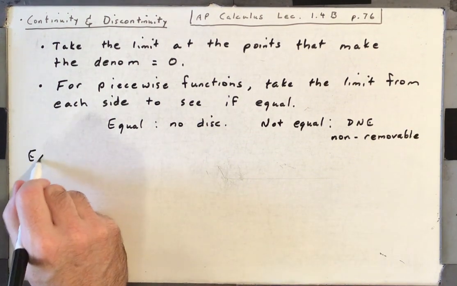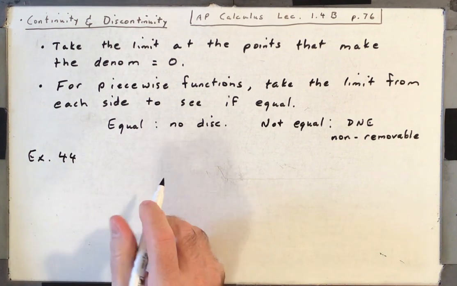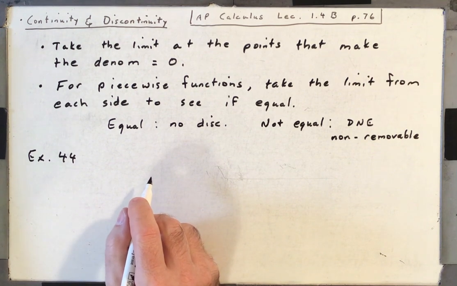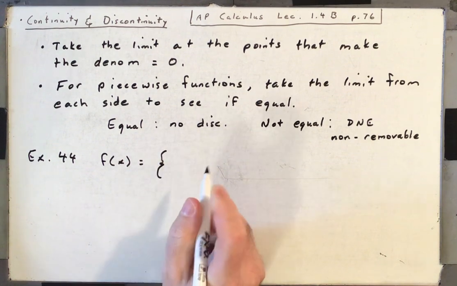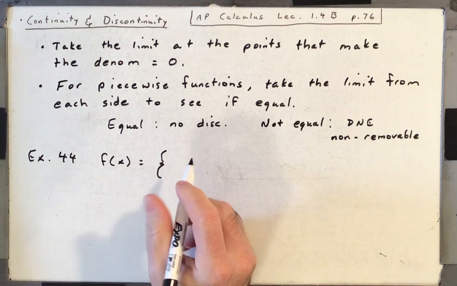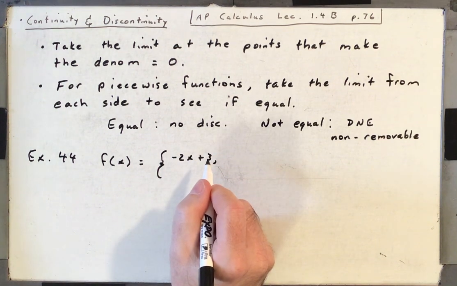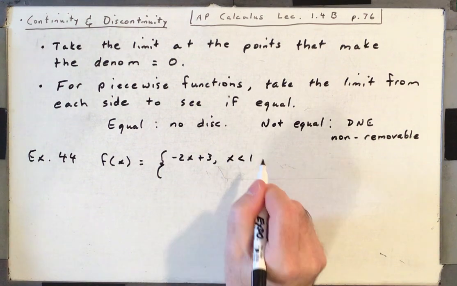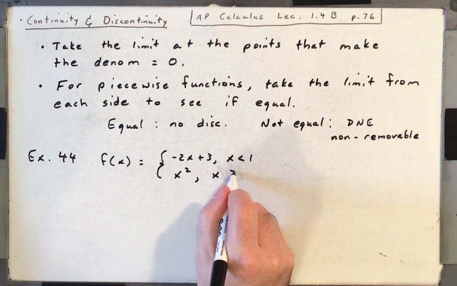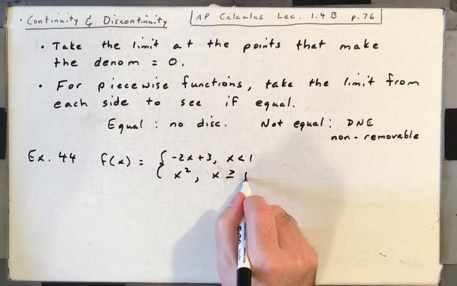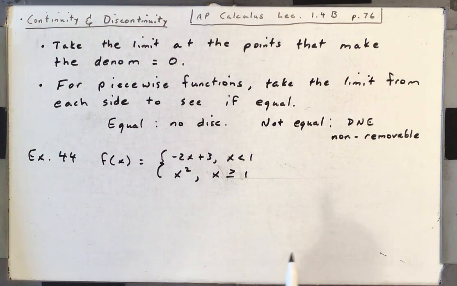Okay, let's do an example of a piecewise function, number 44. That one, we have f of x is equal to negative 2x plus 3 for x less than 1, and x squared for x greater than or equal to 1. So what are we going to check? At what x value are we going to check to see if there's a discontinuity?